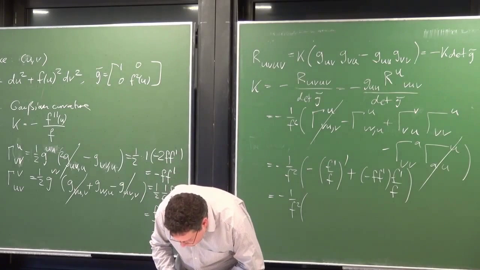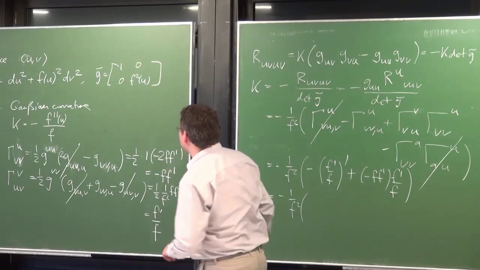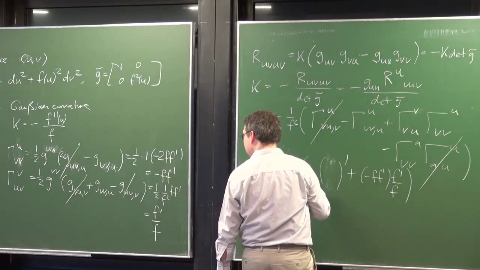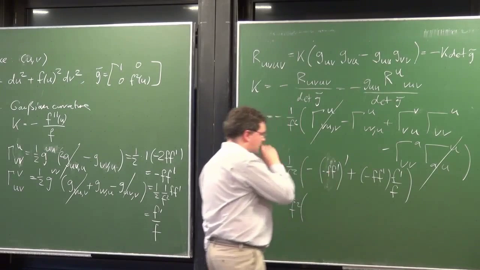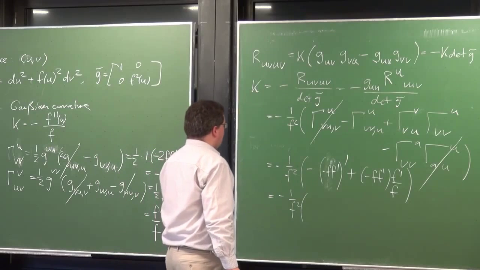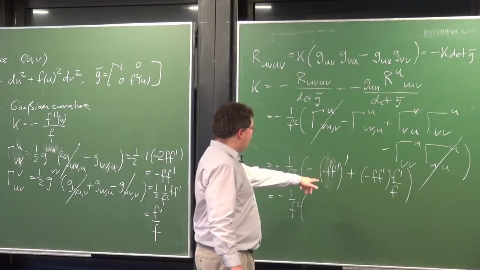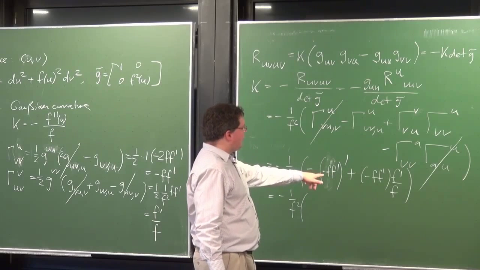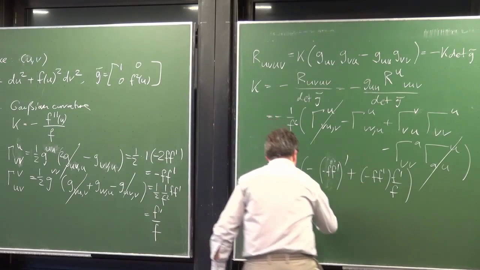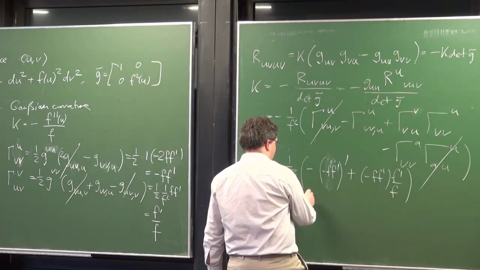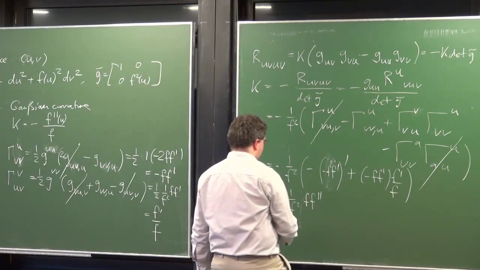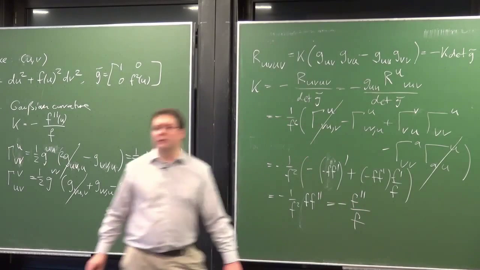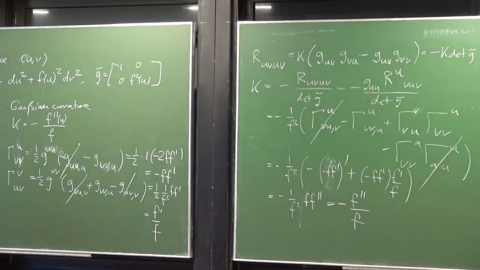Something strange. UVV. Oh yeah, sorry. This was minus f f primed. Yes, that makes more sense. So from this we get a plus f double primed plus f prime squared minus f prime squared. They cancel, right? And we just get plus f double primed. So indeed, we do get minus f double primed divided by f as required. Right, so that's the proof.